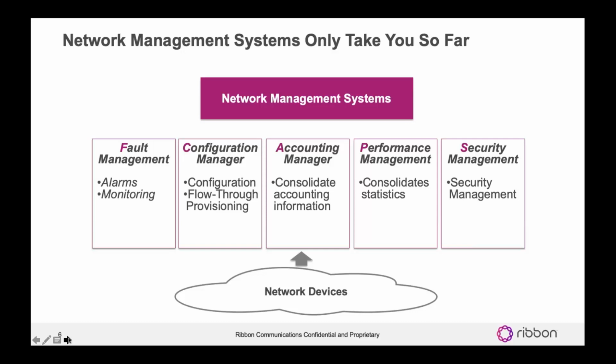So if you have billing applications, you want to pull information out of your network for billing services. But a lot of what we see on our network management, our EMSs that we have, is around performance management. So consolidating statistics, pulling things like CPU and memory stats, different types of logs and data, so you have a single place to look at it.